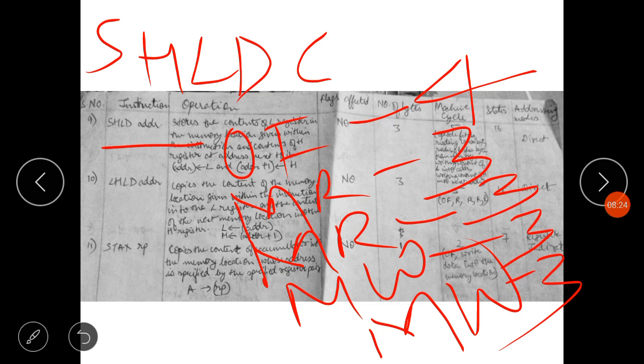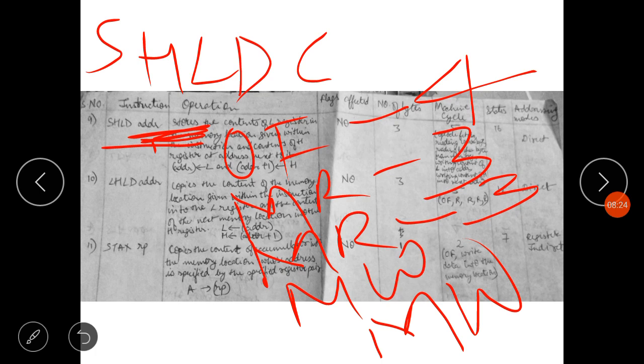Now the addressing mode. SHLD C050H, or SHLD with whatever address you want to write. So this instruction is direct addressing mode. Why? Because here the operand is either the content of the HL register pair or the content of this address.